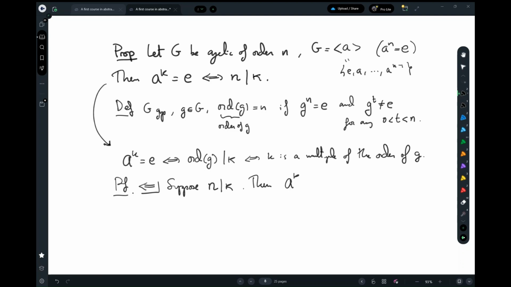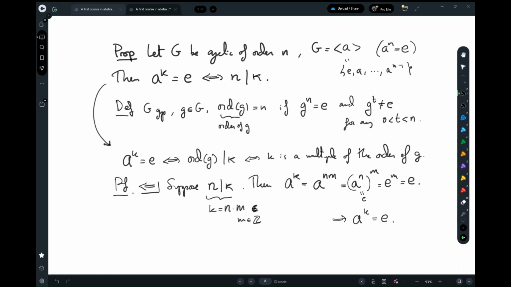Then n divides k means that k is n times some other integer m, and therefore a to the k is a to the nm, which is a to the n to the m, and since the order of a is n, a to the n is e, and this is e to the m, and this is e. So it does imply that a to the k is e.